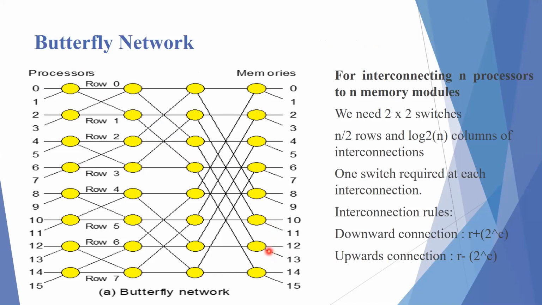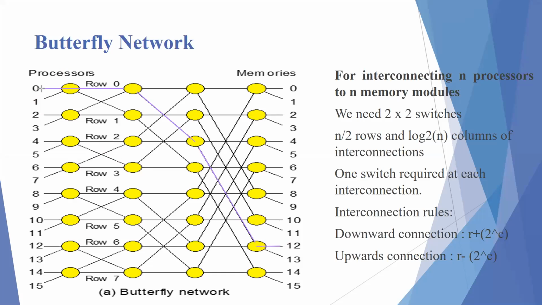Let's see memory module number 12 connected to processor 0. For instance, I'm just picking any one, okay? Let's see how they're interconnected now. So 12 goes here, and we were talking about the switch, right? So processor 0 can just go here and connect. I hope that's clear now.